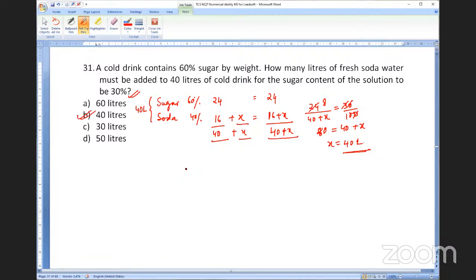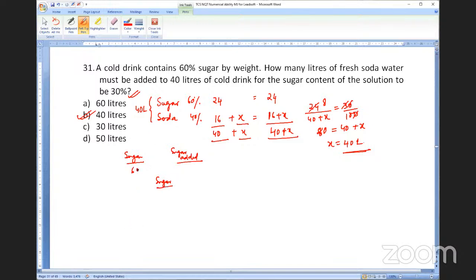Now we have different methods to solve these kinds of questions. We can also use the butterfly method or the alligation method, and we can see how. See, how much sugar was there, how much sugar is added in percentages, and how much sugar will be there in the final solution.